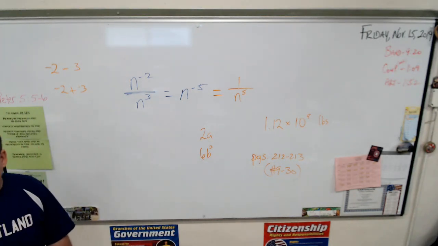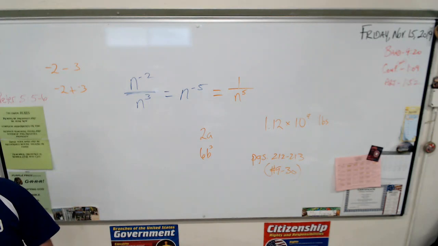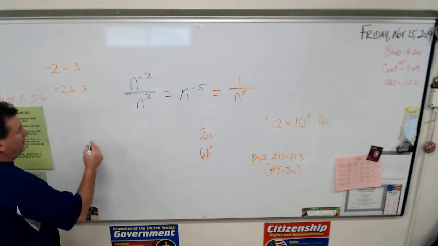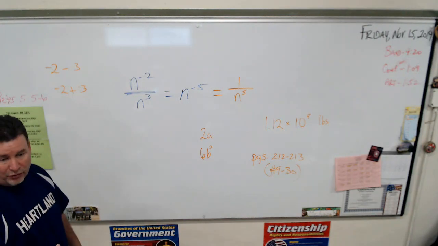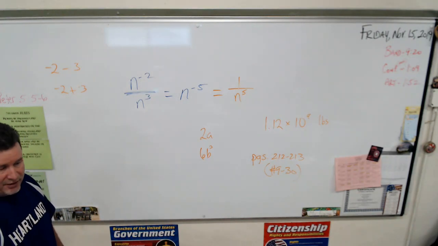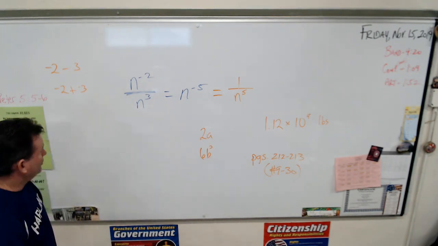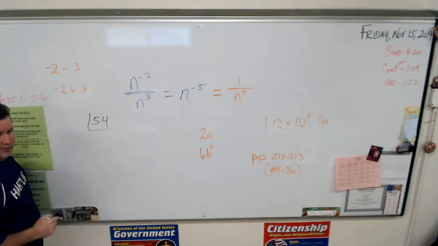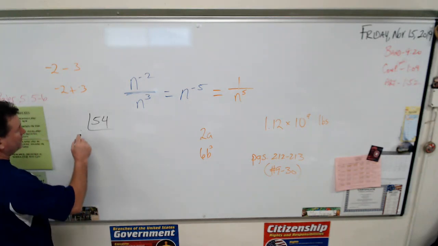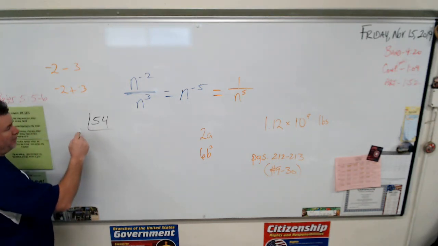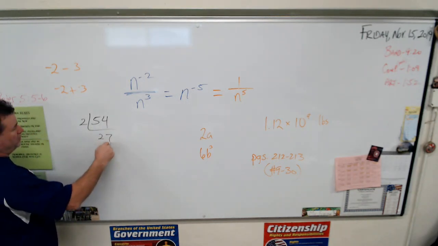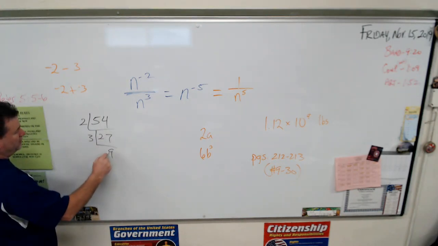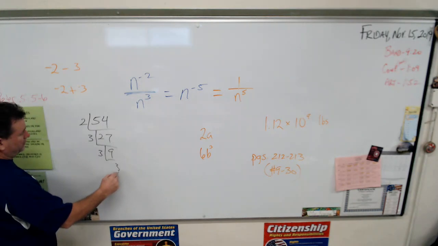Hey, stop! If one person has a question, they're probably not the only one. In case you forgot, and by the way, you have to be able to do this for 2 sections of the test, GCF and LCM. You need to be able to take a number, and I'm going to do it this way this time instead of the tree, and break it down into its prime factors.